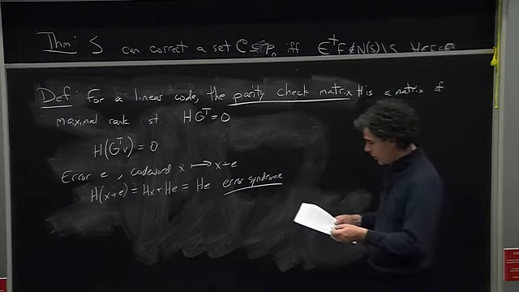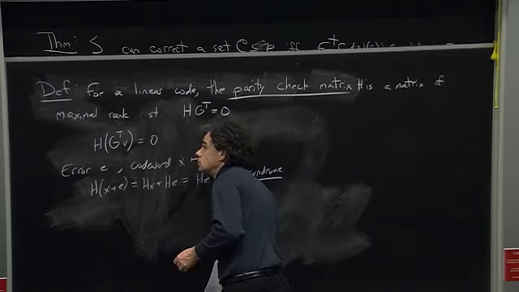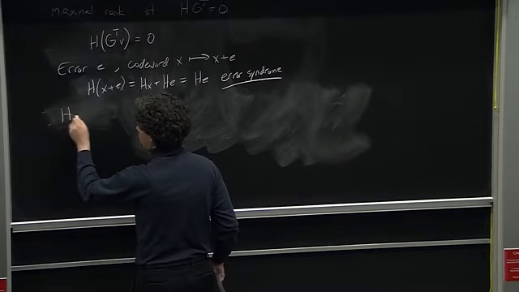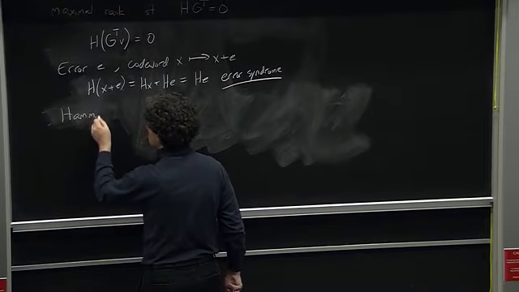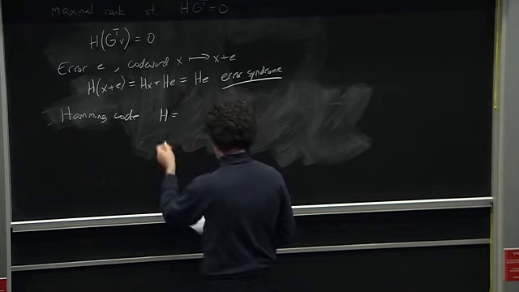Back in our example, for the Hamming code, the parity check matrix is this.